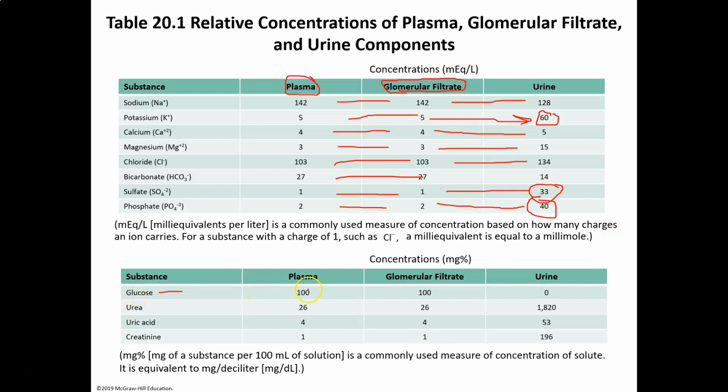Likewise, glucose in plasma, 100. Glomerular filtrate, 100. It goes through the Bowman's capsule very easily. It's in glomerular filtrate. But look what your body does. You have no glucose in urine. None. Zero. Zippo. If you have normal glucose concentrations in your blood, you will have no glucose in your urine.